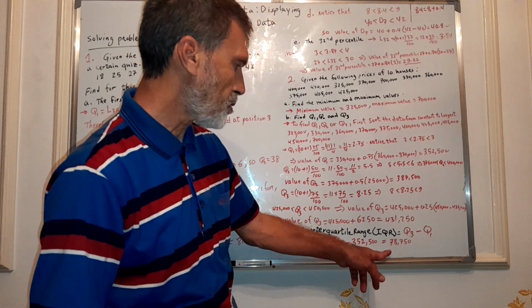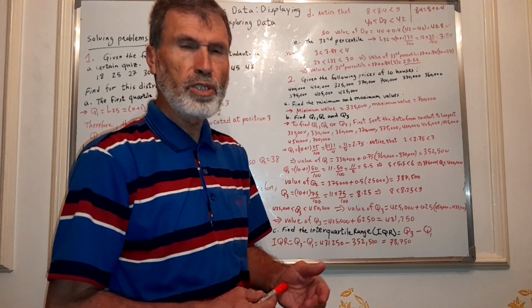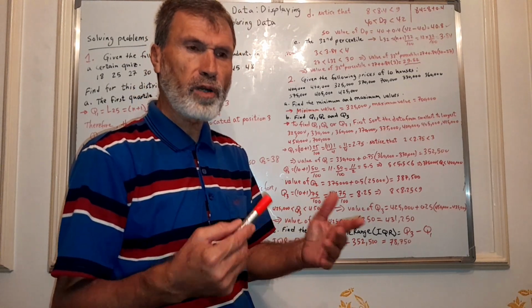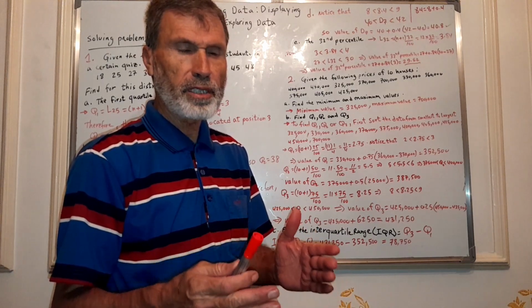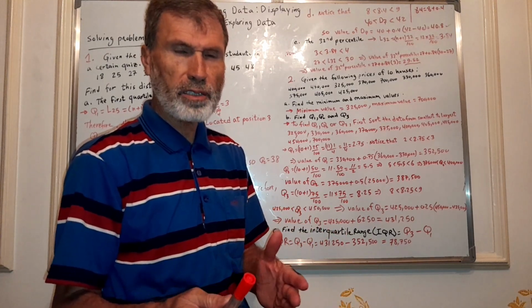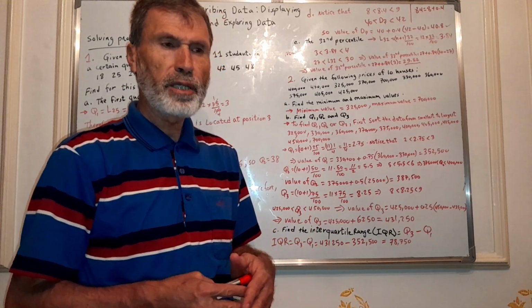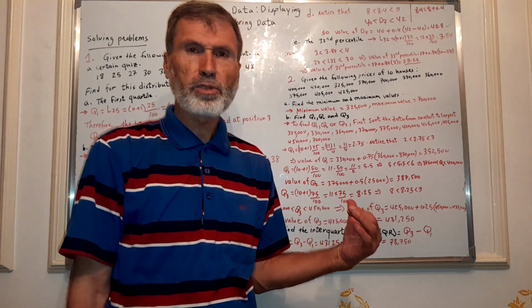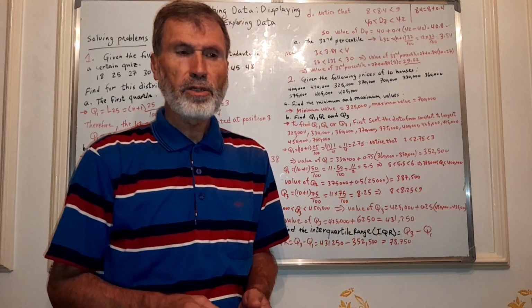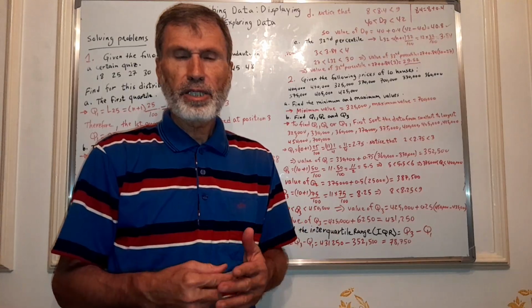This is the interquartile range, and it is going to be used when we want to find whether the data has an outlier or not. We're going to engage a different formula, which includes the interquartile range, in order to find the outlier.